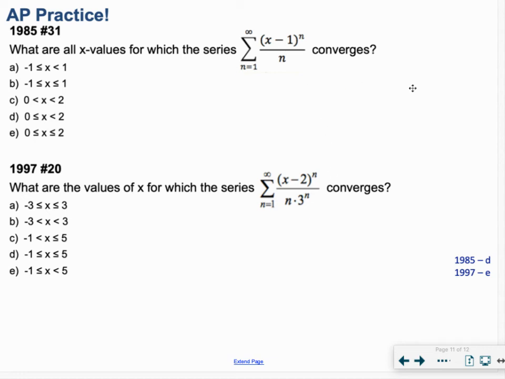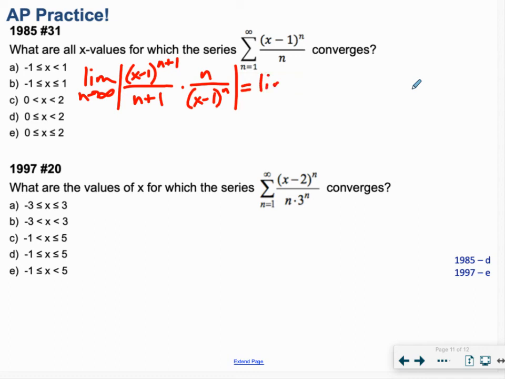So for this guy, if we do a very quick ratio test, we get x minus 1 to the n plus 1 over n plus 1 times n over x minus 1 to the n. So the x minus 1 to the n's cancel.